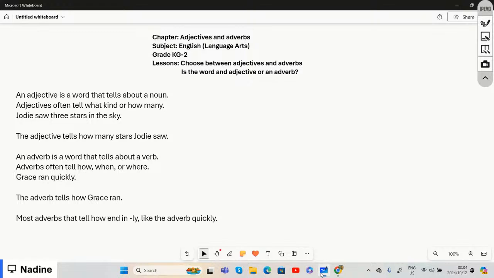And the lessons that we are going to be focusing on under the chapter of adjectives and adverbs is to choose between adjectives and adverbs, and is the word an adjective or an adverb? So that is our lessons as well as our chapter for today.